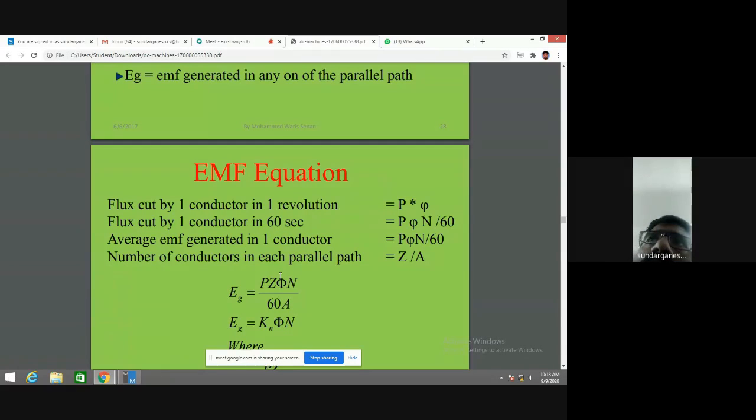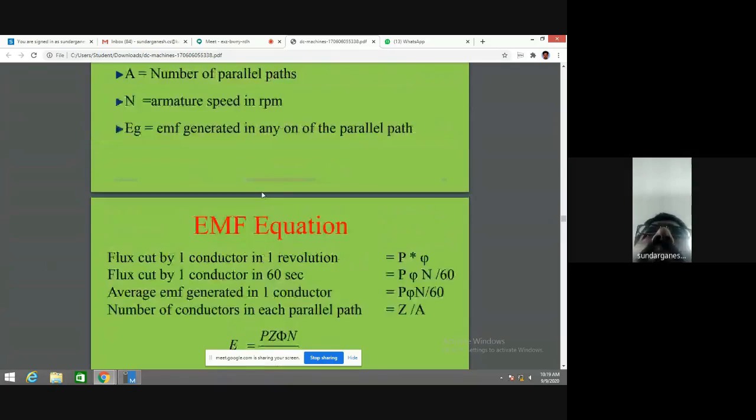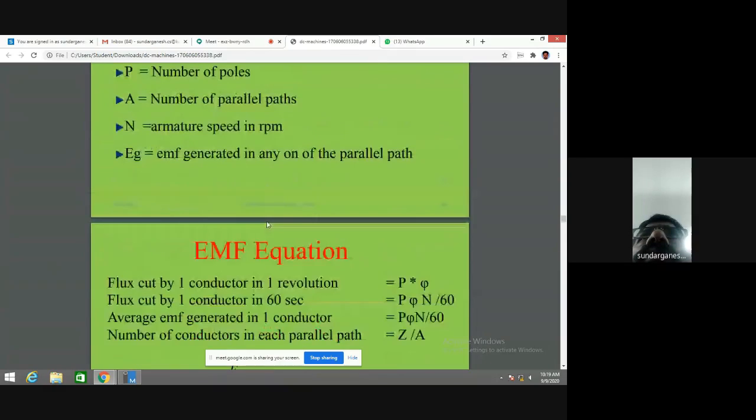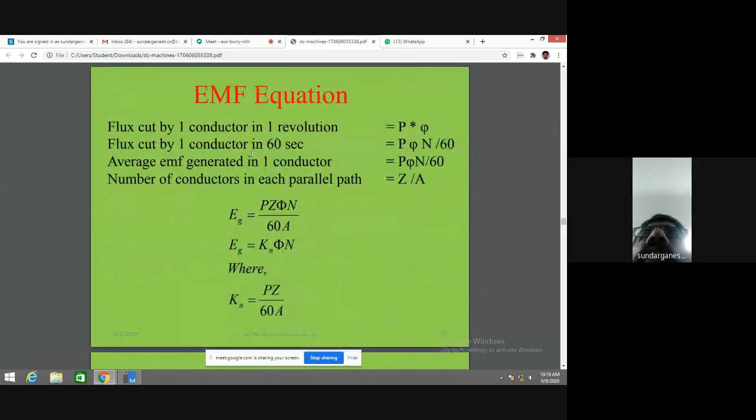Next, the flux cut by the conductor in 60 seconds: multiply the poles into flux per pole, P pi, into N, where N is the speed in revolutions per minute, and divide by 60 seconds. So the flux cut by the conductor in 60 seconds is equal to P pi N by 60.